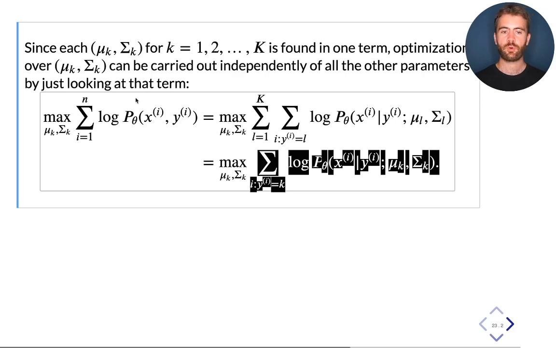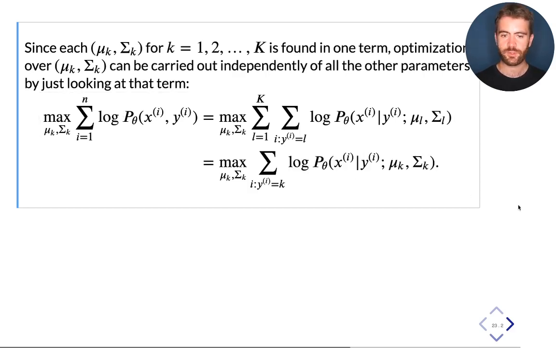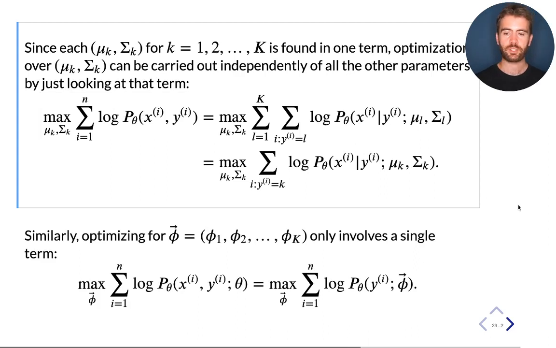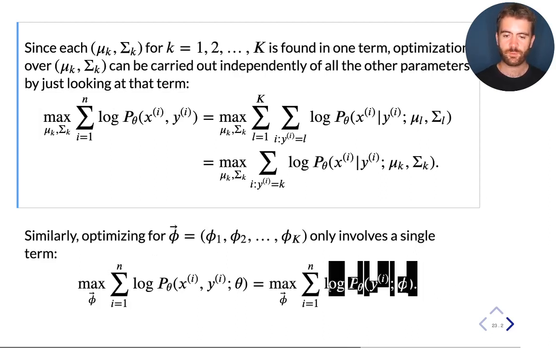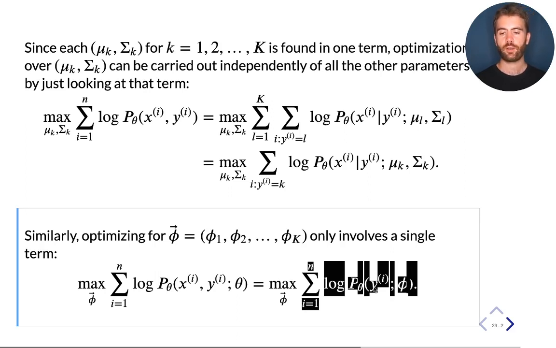And so the maximum of the log likelihood is going to be the maximum of this subset of all the possible terms. Similarly, if I want to optimize over phi, I just need to optimize over this particular term, which is the only part of the expression that's a function of phi.